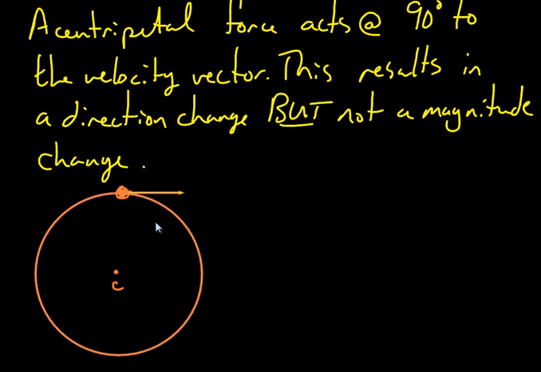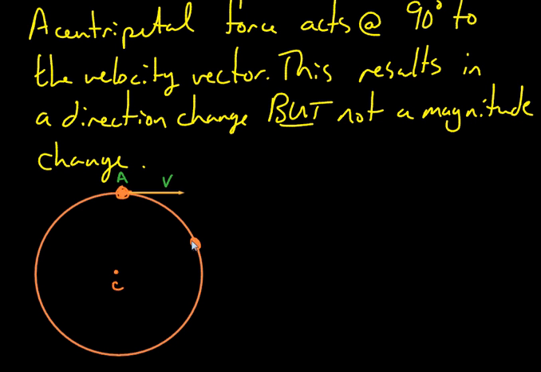A couple things I want you to notice. One is that the velocity at any given moment in time is tangent to the path of the object moving in a circle. So this is the velocity, and the velocity is tangent to the circle. We're going to call this point A. Now sometime later, the same object is going to be found, say, over here.